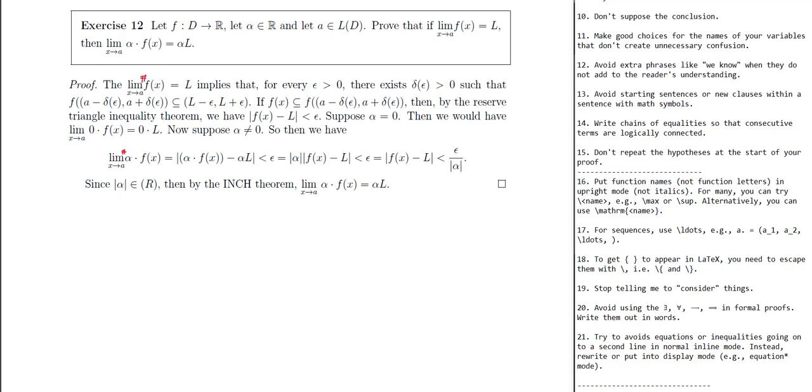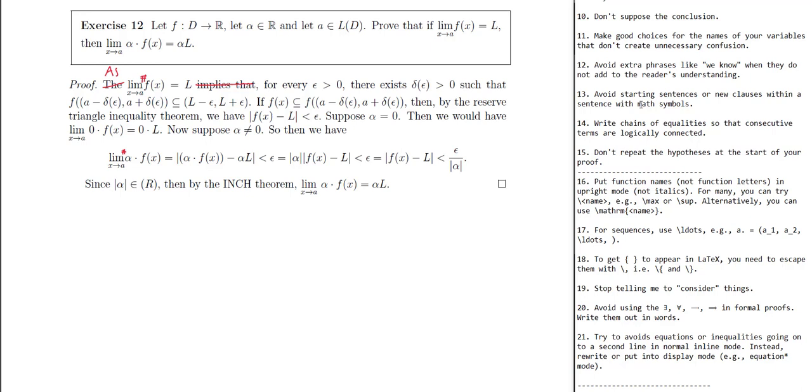Now you're not going to be able to start the proof just with the limit, right? That's essentially the 13, right? Avoid starting sentences or new clauses within a sentence with symbols. That's this guy over here. So we could say something like, as this limit is equal to L, get rid of the implies that.